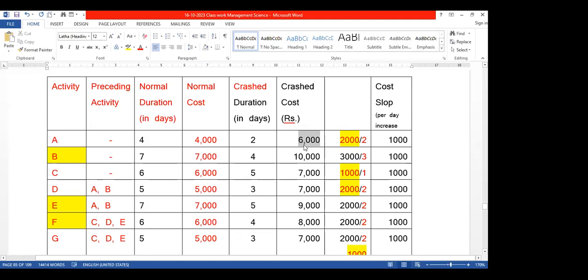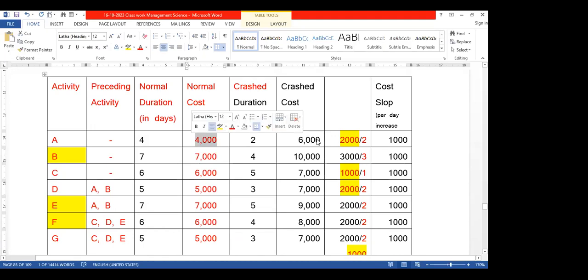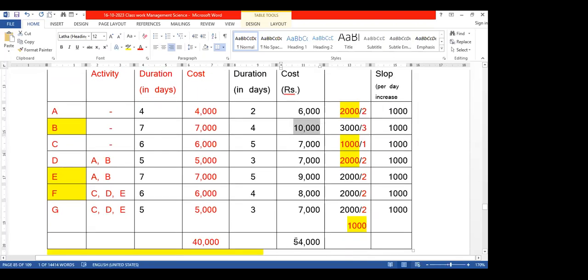Here 6,000 is there for the activity. Normal cost is 4,000 plus additional cost 2,000. That becomes 6,000, right? Okay, here 7,000 normal cost, additional cost 3,000. That becomes 10,000. So then, if you look at here 54,000, what is the extra total increase?